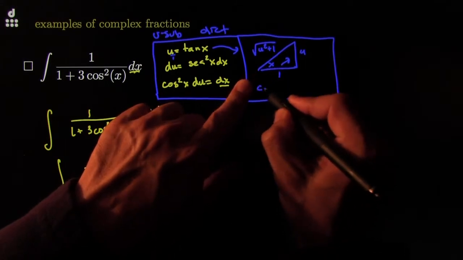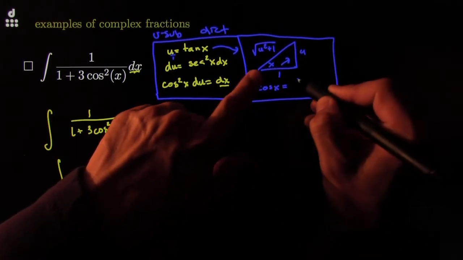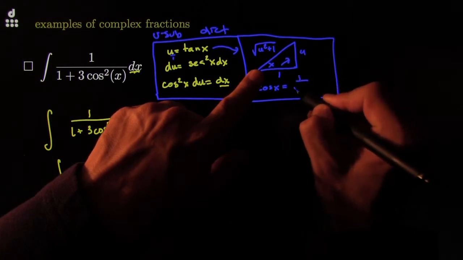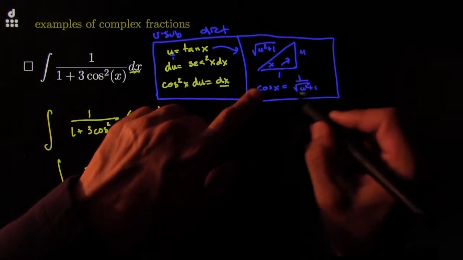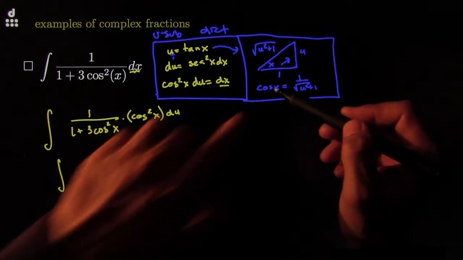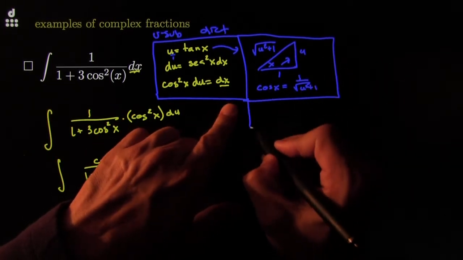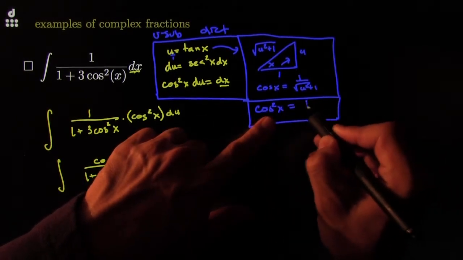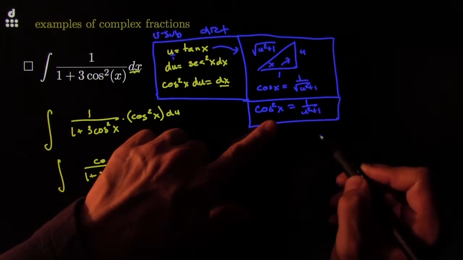And from here I could gather that the cosine of x could be exchanged for this ratio, adjacent to hypotenuse. So it would be 1 over the square root of u squared plus 1. Now that means that cosine square of x could be exchanged for 1 over u squared plus 1.